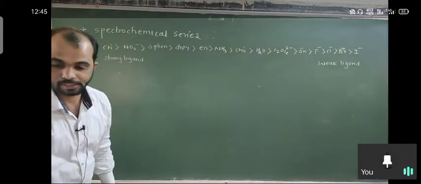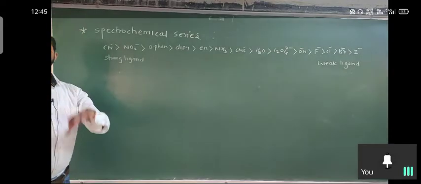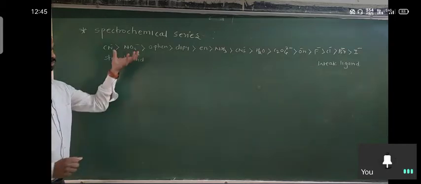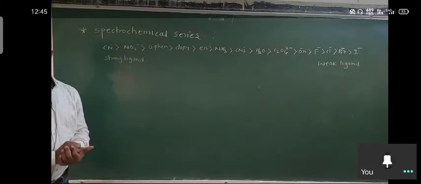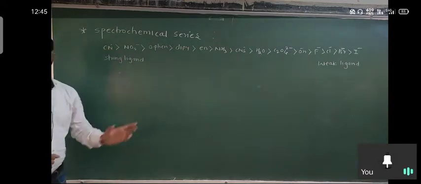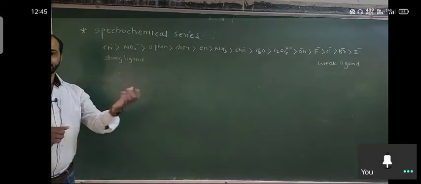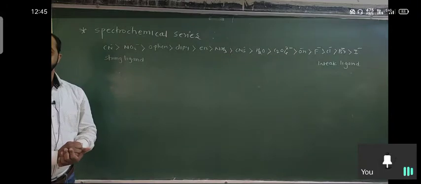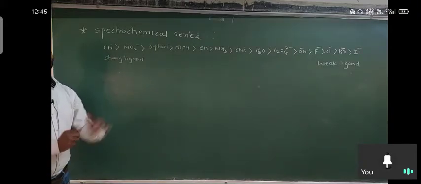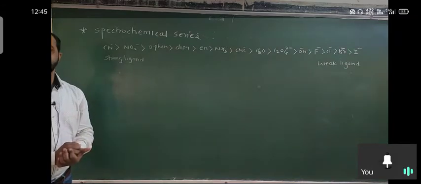Spectrochemical series means spectra obtained by the complexes due to the nature of the ligand. So every ligand is tried with the metal and its absorption spectra recorded, and when the absorption spectra value shows the 10 Dq value, it is converted into 10 Dq form.